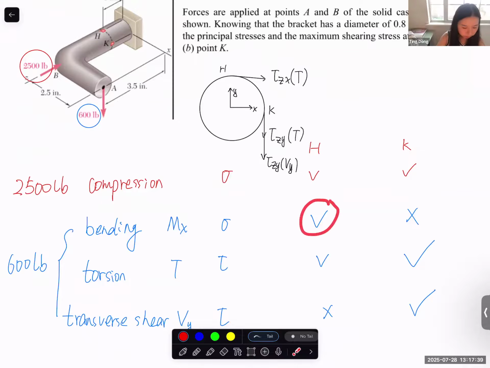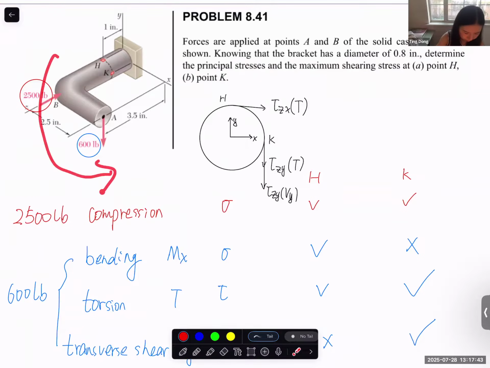At the H point, if it's bending about the x-axis, the H point is a top point. It has positive tensile normal stress, right? Positive tensile normal stress.